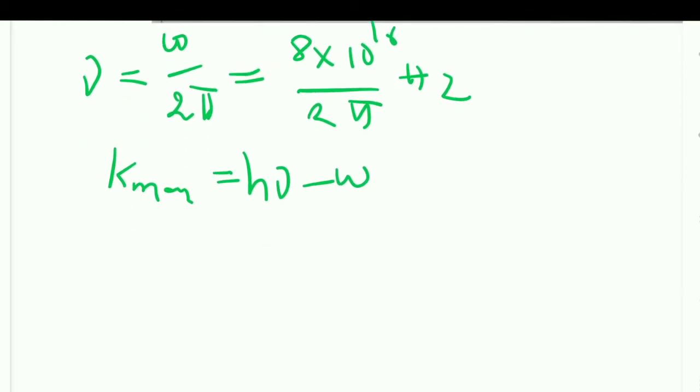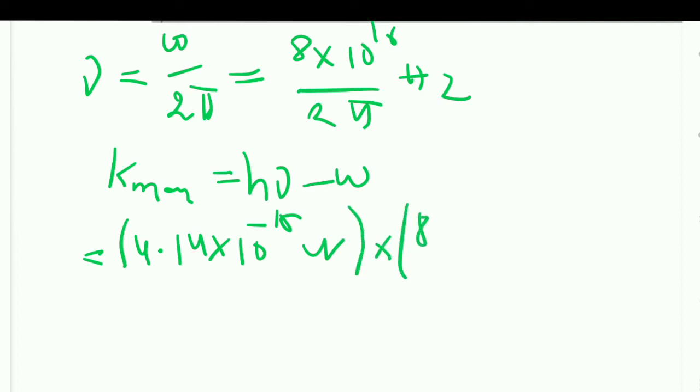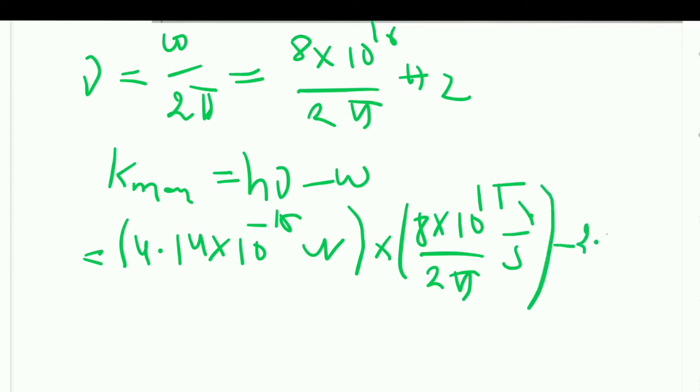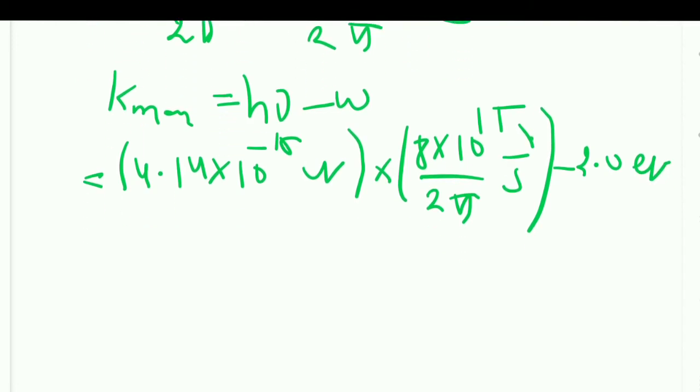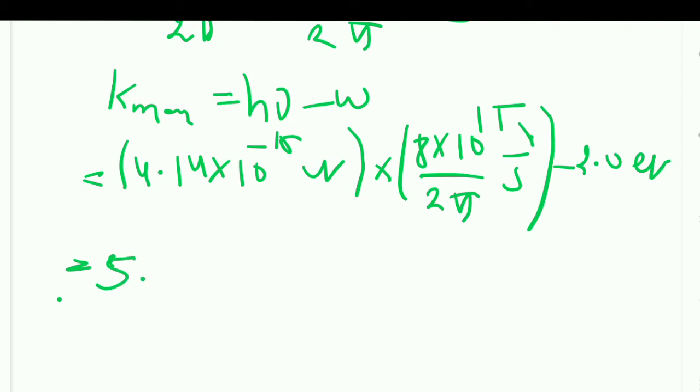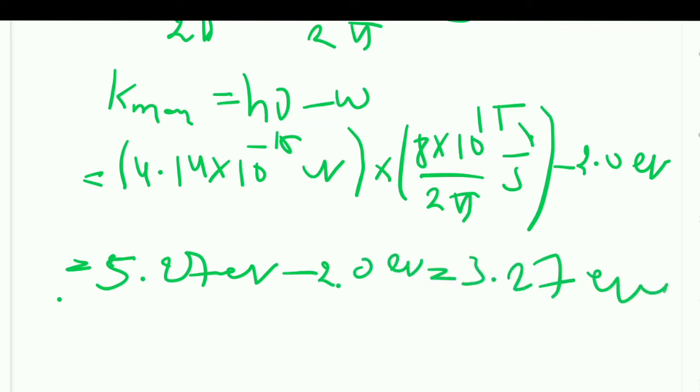Then 4.14 into 10 to the power of minus 15 electron volt second into 8 into 10 to the power of 15 by 2 pi second inverse, minus 2.0 electron volts. Then solving we get the answer 5.27 electron volts minus 2.0 electron volts is equal to 3.27 electron volts. This is the answer.